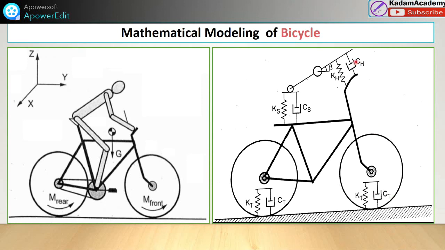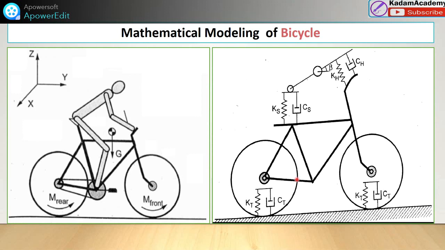The handle arm damping also we can consider. This mathematical modeling of the bicycle is also helpful for converting an infinite number of unknowns into a finite number of unknowns. Whatever the unknowns are, we distribute them and calculate.